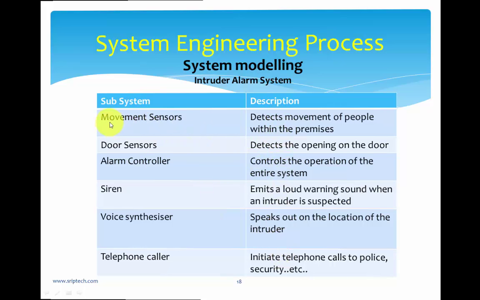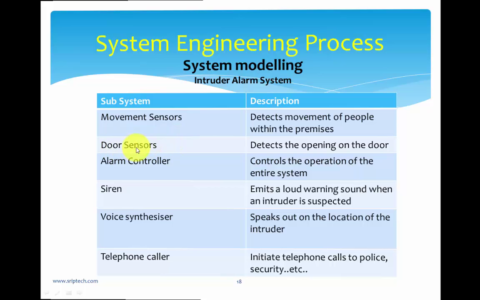For example, take a movement sensor. What does it do? It detects the movement of people within the premises. The moment you have an intruder alarm system active inside your house and anybody moves inside that area, the intruder alarm system automatically becomes active.